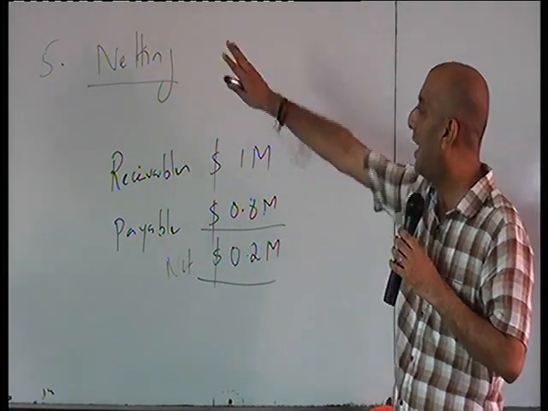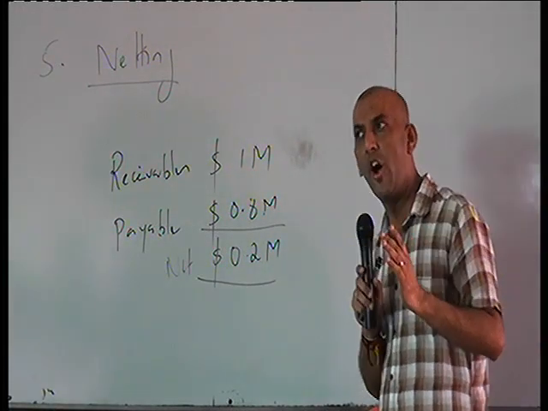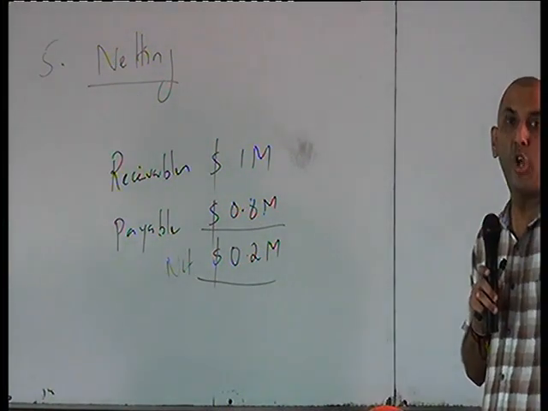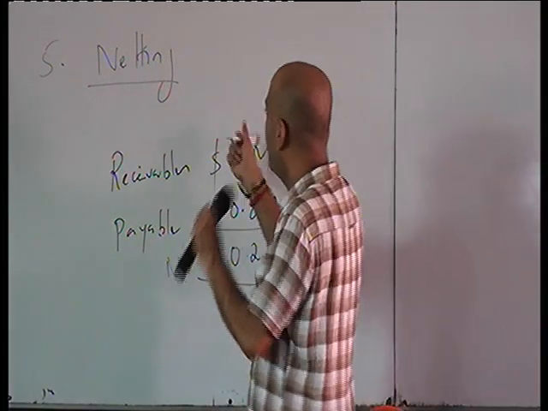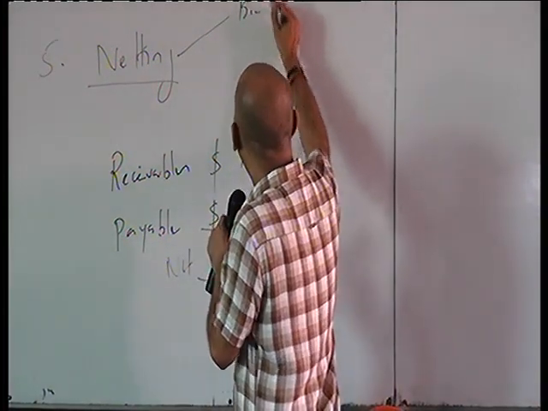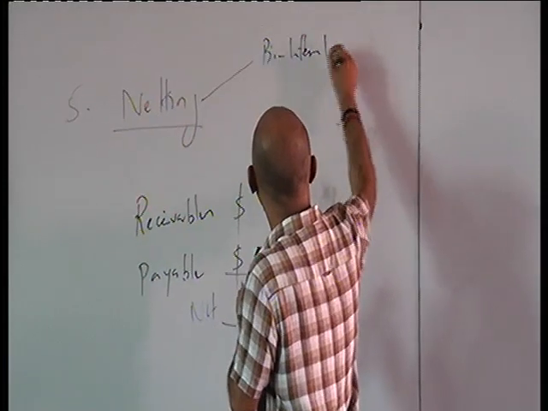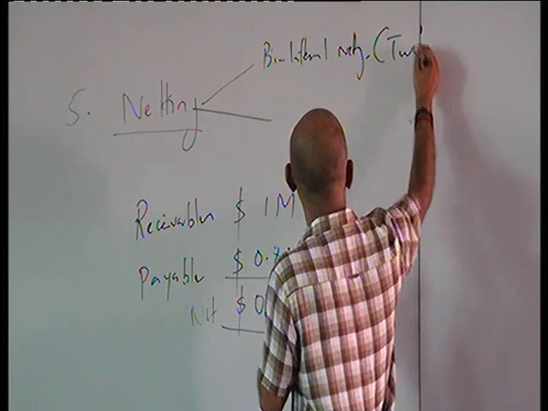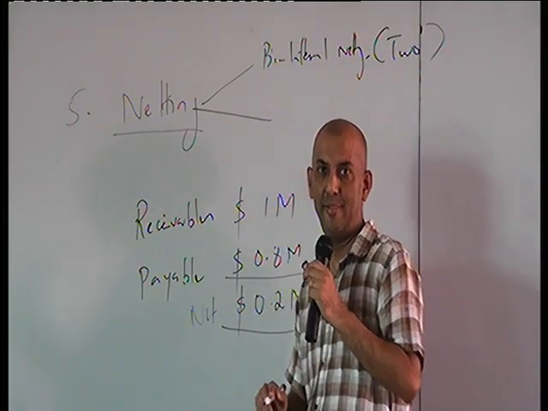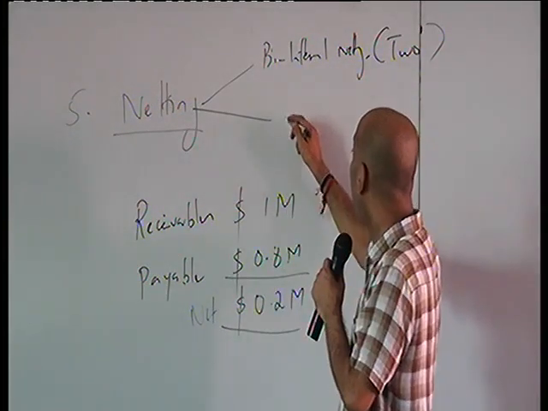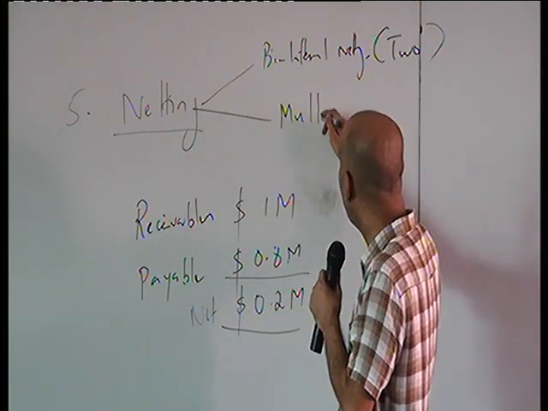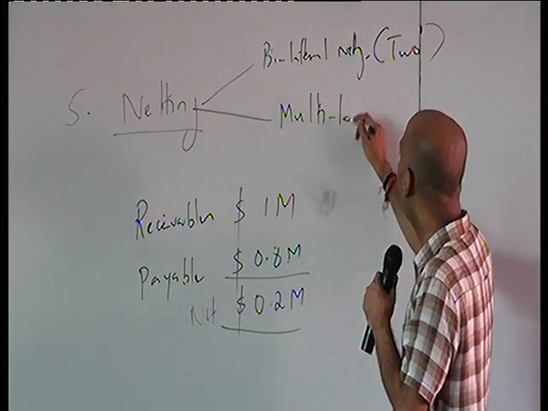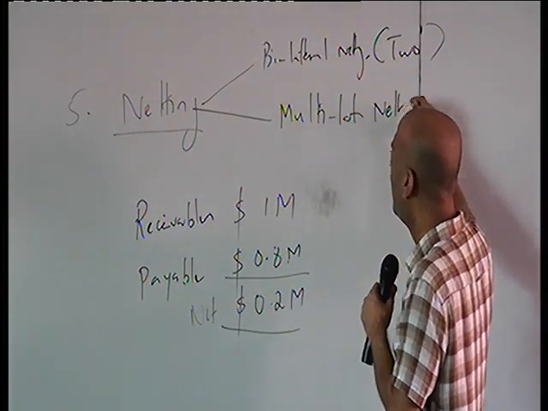This is called netting. If you are setting off between only you and one company, it's called bilateral netting. There are only two companies, you and another company. Bilateral, two. If it is between many group companies, you are setting off many companies, that is multilateral netting.